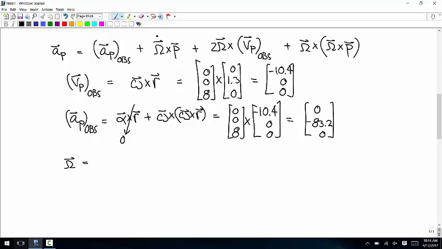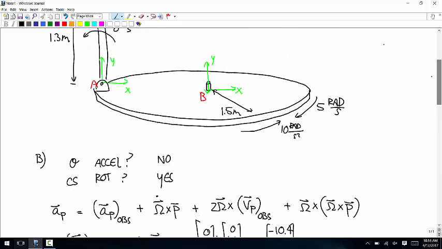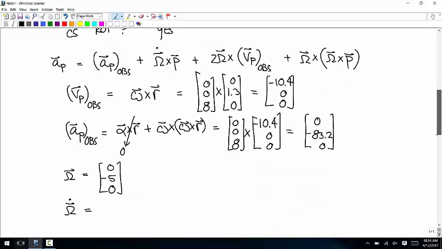So 0, negative 5, 0. And capital omega dot is positive 10 in the y direction.